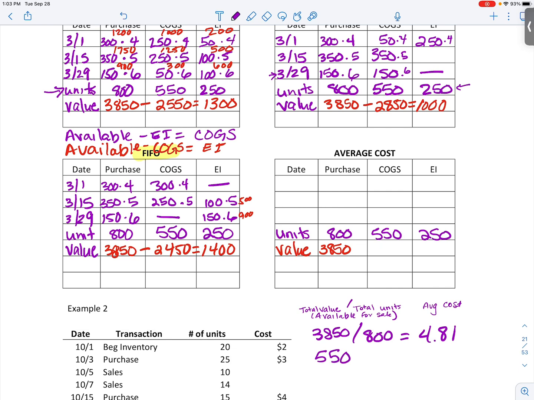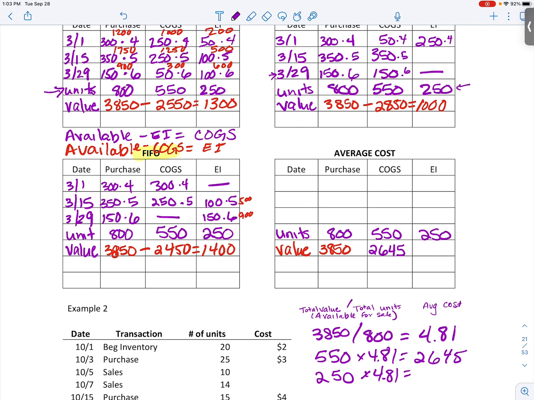So that 550 times 4.81 is equal to about 2645. And then my cost, or my ending inventory, I have 250 units.